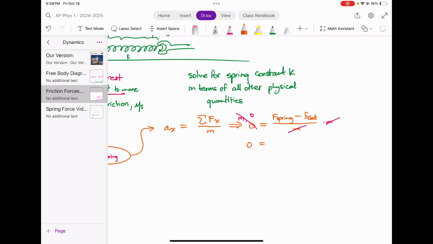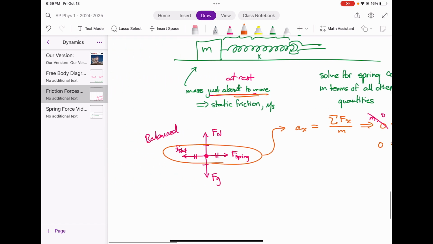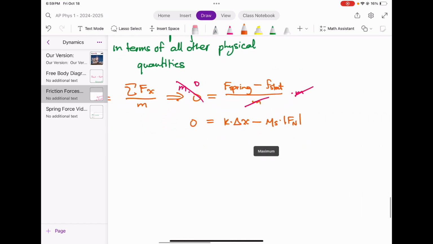So we get 0 equals K times delta x minus, this will be mu s times the normal force. Now, how do I know it's equal to that? Well, it's because we are just about to move, right? We've basically, again, hit the maximum value for static friction, right? So it's equal now.